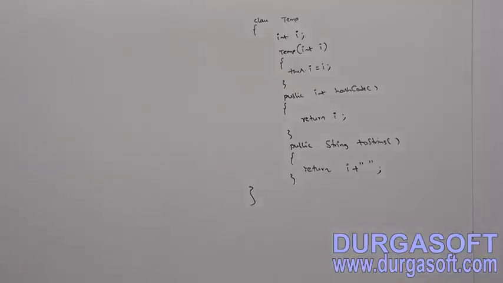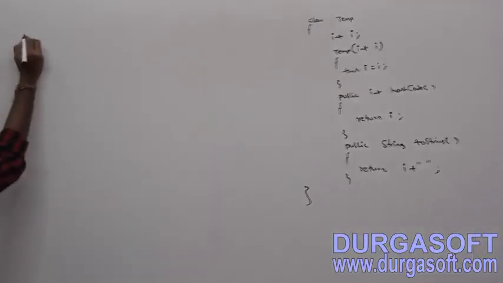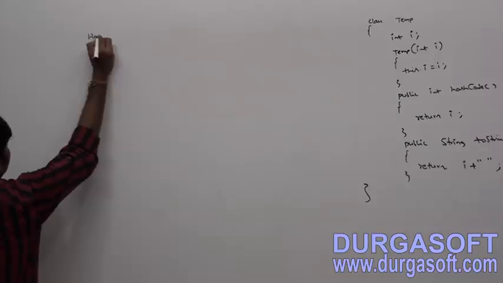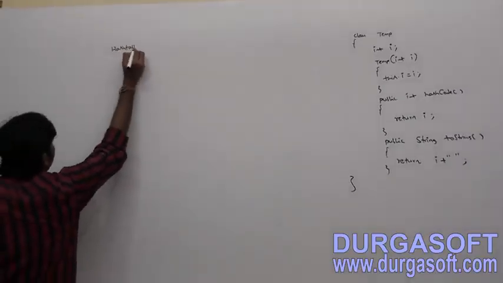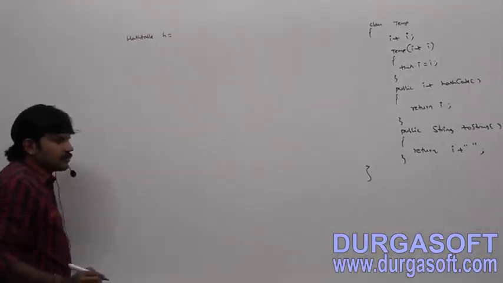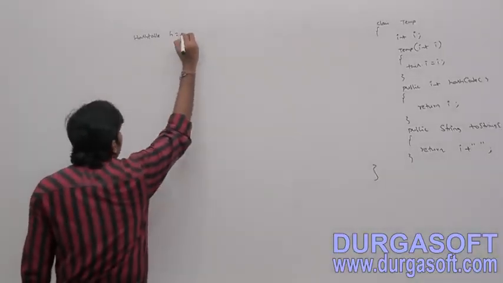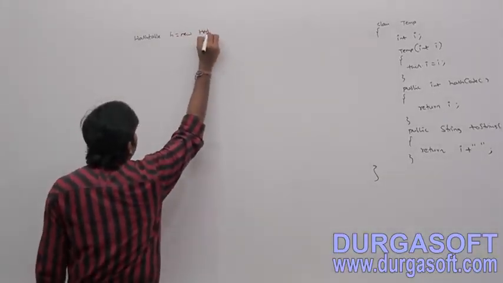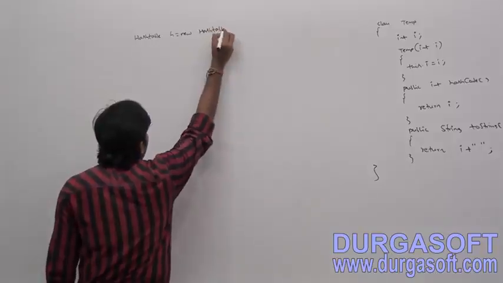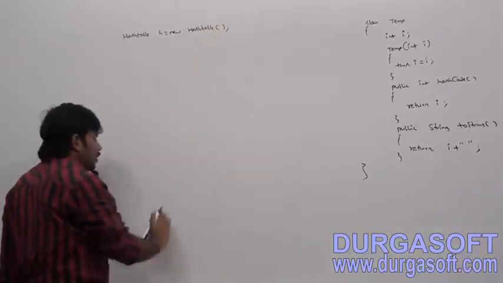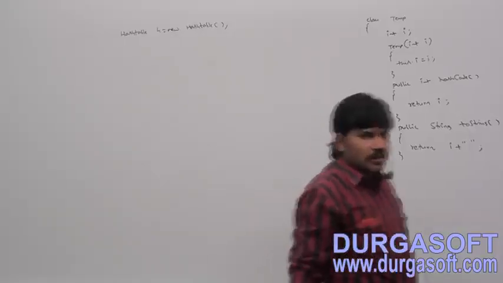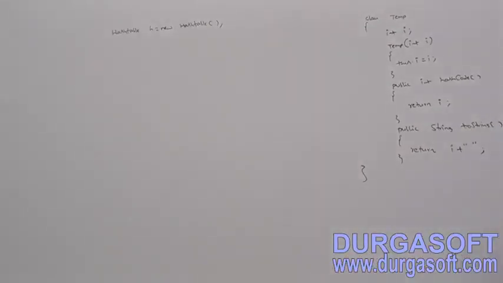Now I want to create a Hashtable object. Take very special care. Hashtable h = new Hashtable().